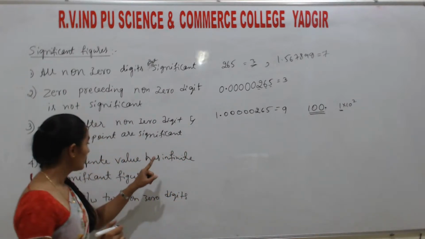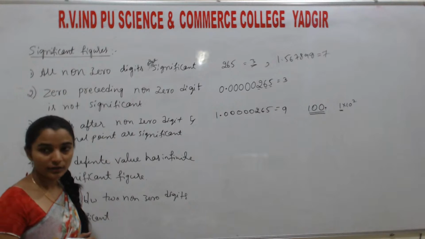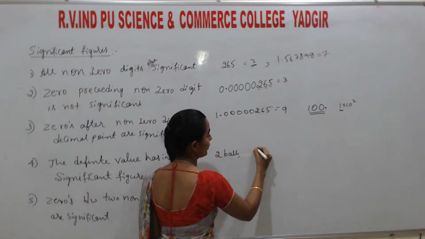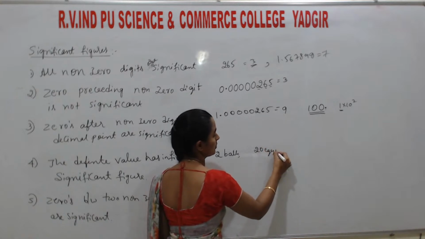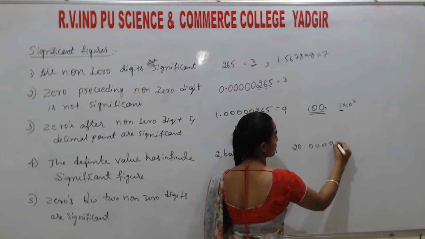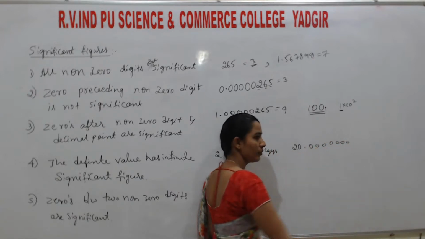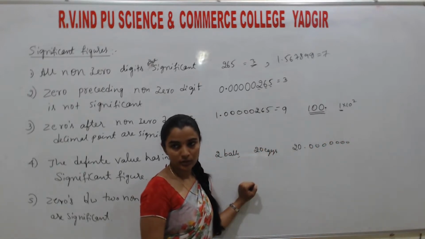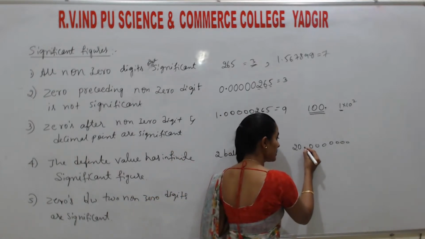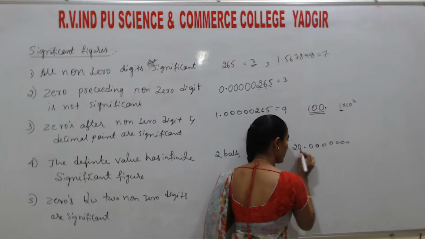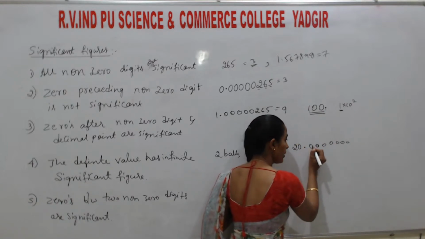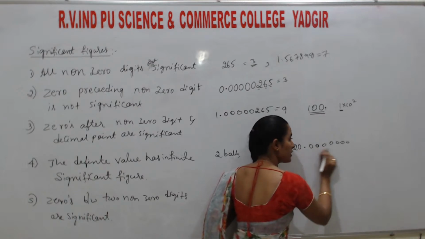Next, a definite value has infinite significant figures. For example, 2 balls are there and 20 balls are there. 20 may be written as 20.00000000. How many zeros we put, we won't bother about it after the point.